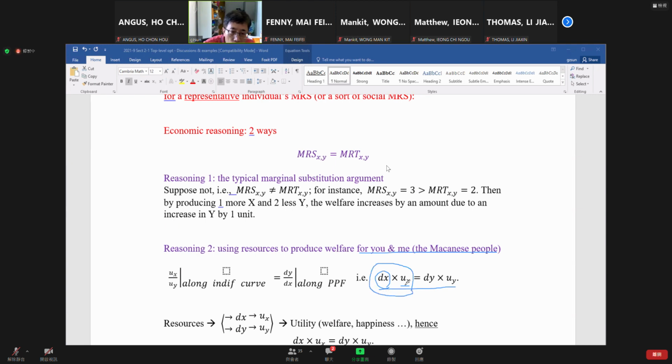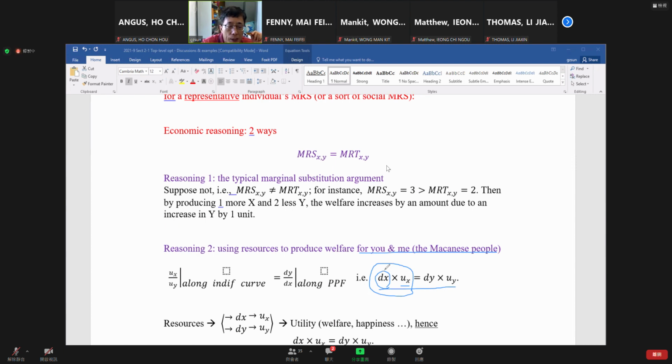The meaning of UX is how much your welfare increases if you consume one more X. And then now you consume this much more. So therefore, your utility will increase by this number.